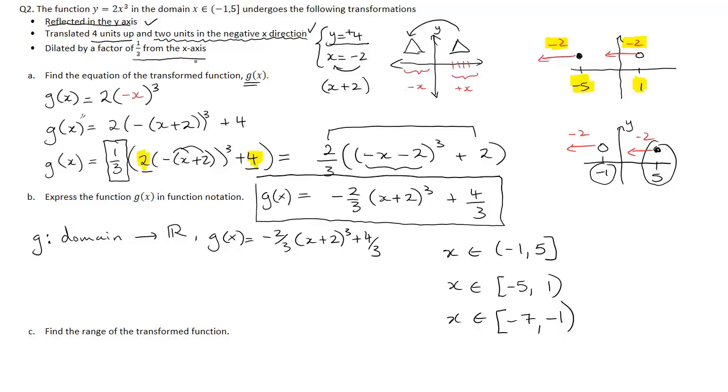That will actually only influence our y values, because I showed you before that the arrow is going from the x-axis, which indicates changing y values. So when writing the function notation, we can say the domain is negative 7 to negative 1. And that becomes our function notation right there.